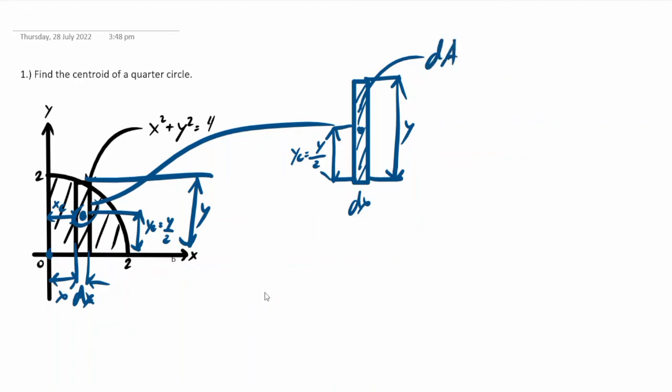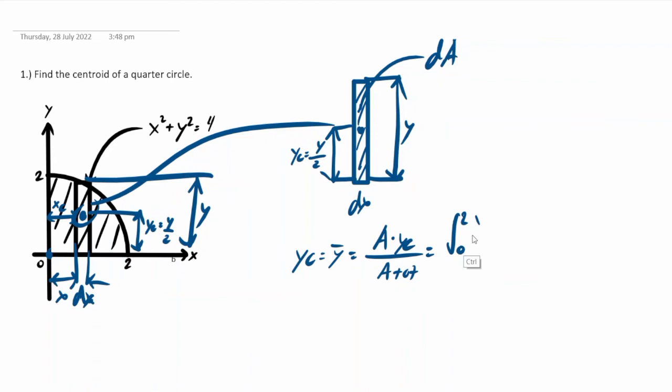So we have here yc is equal to y bar, right? Is equal to A times yc over the total area, or A. So this is equal to the integral, as you can see, our limits is from 0 to 2 here, so let's plug in the limits, and then y over 2.